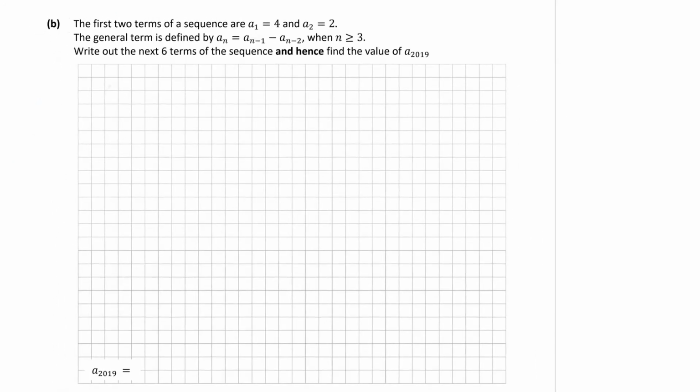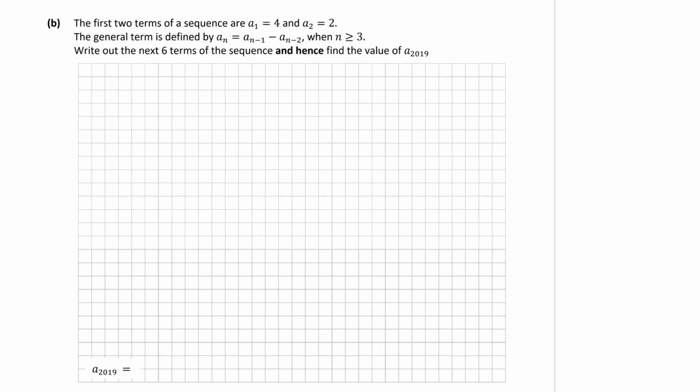So now we're going to look at the next question here. The first two terms of a sequence are 4 and 2. The general term is described by a sub n equals a sub n minus 1 minus a sub n minus 2. So essentially, to find any term, we need to take the preceding term and subtract the term preceding that one, when n is greater than 2.